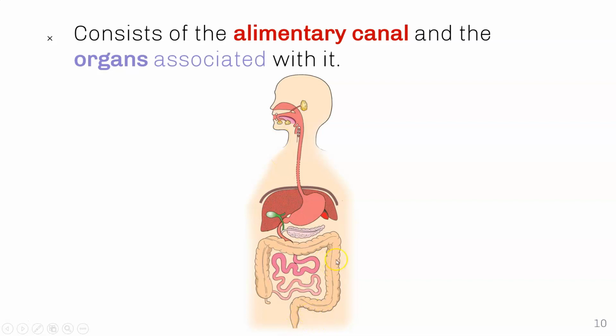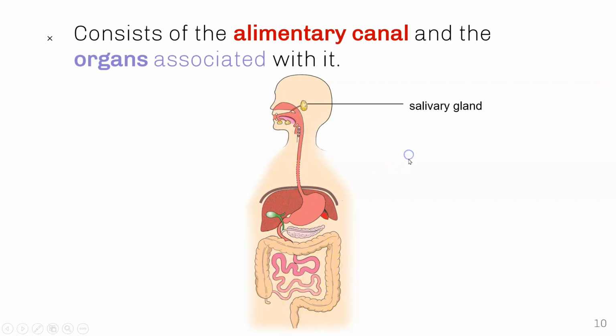So if you really think about it, we humans have a kind of continuous hole leading all the way from the mouth down to the anus. So we have a space within our body, and this space is called the alimentary canal.